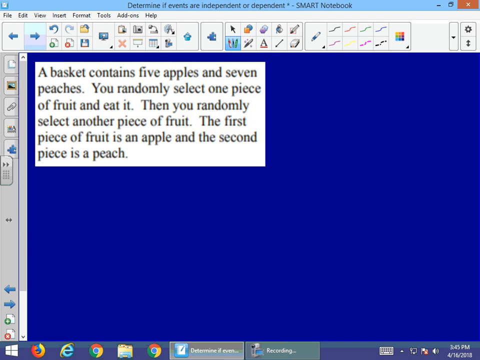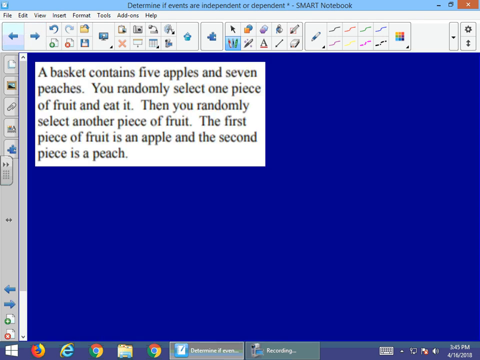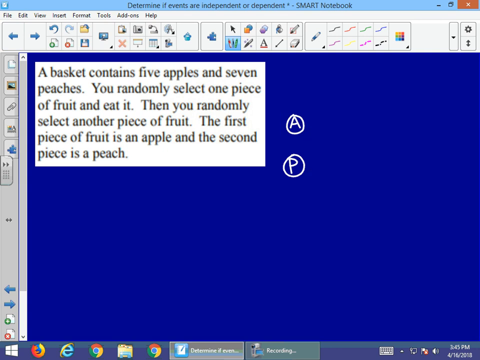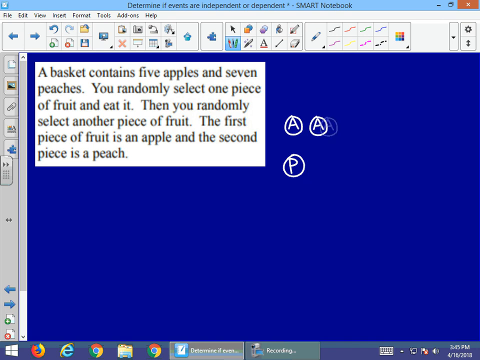And I believe there's one more. Yep. Last problem. The 6th one says a basket contains 5 apples and 7 peaches. So that's apple. And that is peach. And let me make some copies of this. And it says that there are 5 apples. 1, 2, 3, 4.